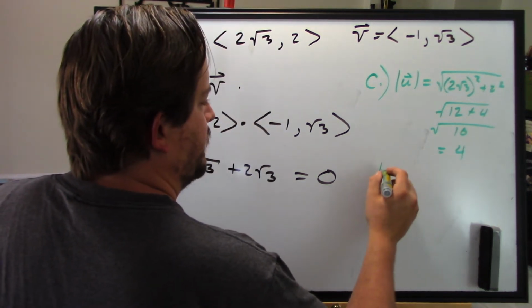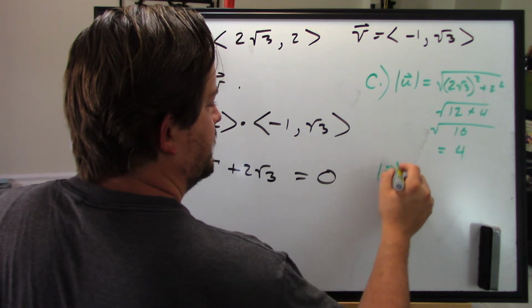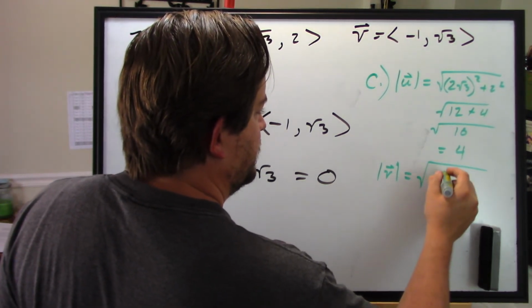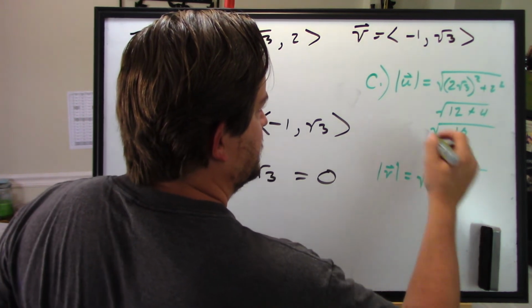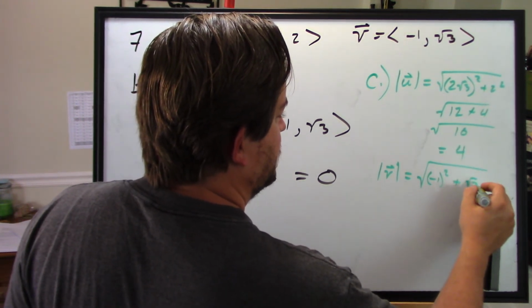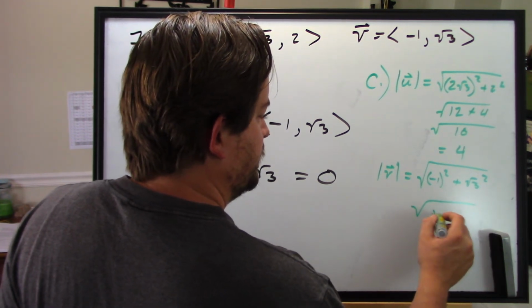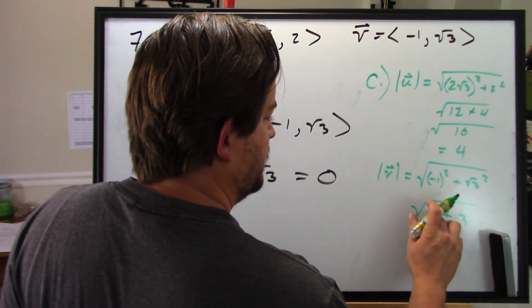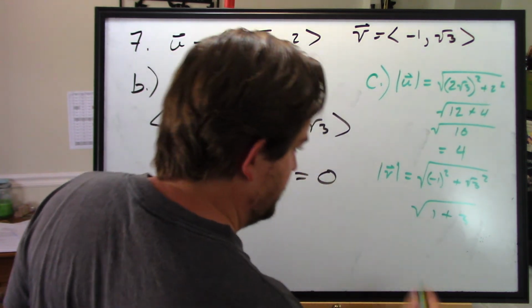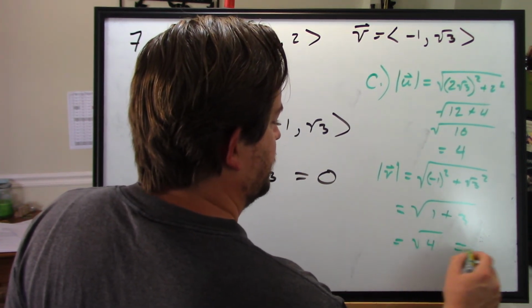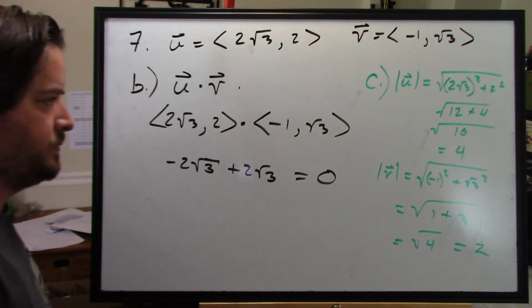Whereas the magnitude of v is the square root of negative 1 squared plus root 3 squared. So that's 1 plus 3, and so that is root 4, and so that is 2. Okay.